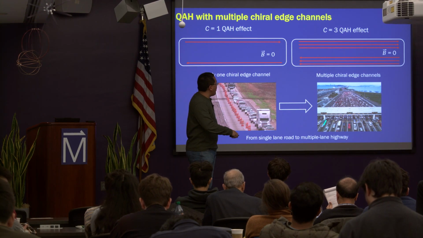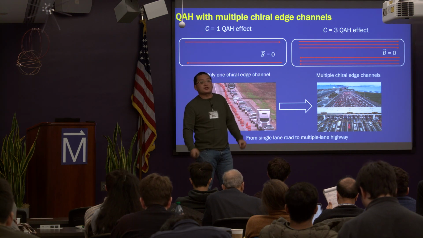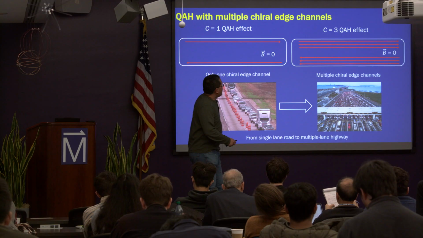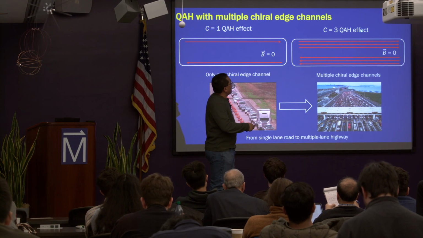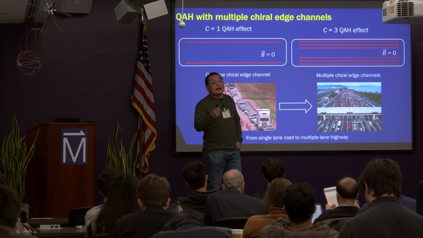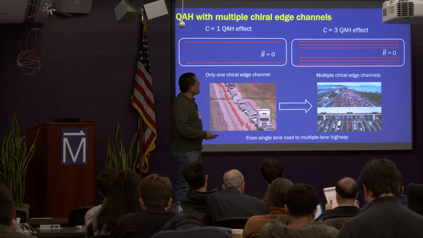But if we have multiple lanes, we can greatly reduce the contact resistance in the quantum anomalous Hall insulators. Here, for C equal to 3, we have 3 chiral edge channels. Can we realize the high Chern number quantum anomalous Hall insulators?